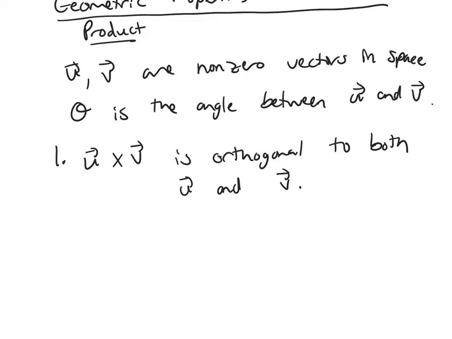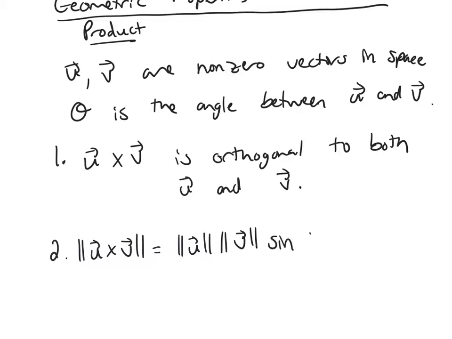The second property is that if I take the magnitude of the cross product, it's the magnitude of U times the magnitude of V times sine of theta.